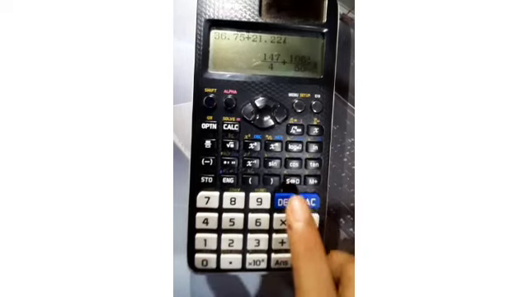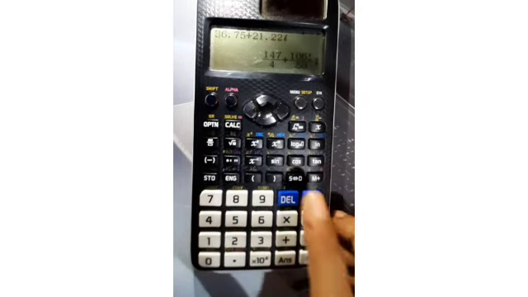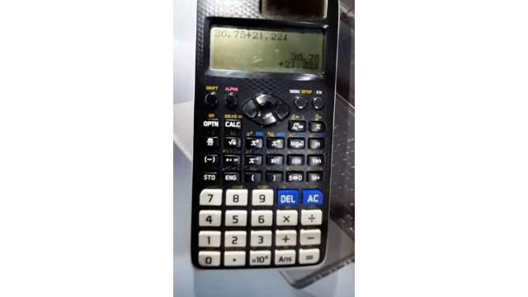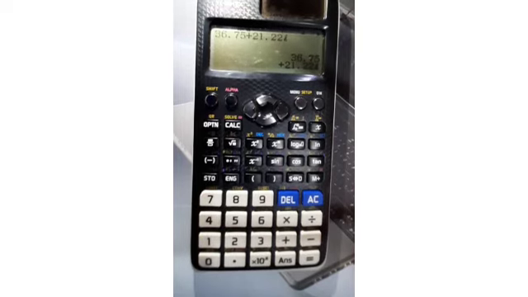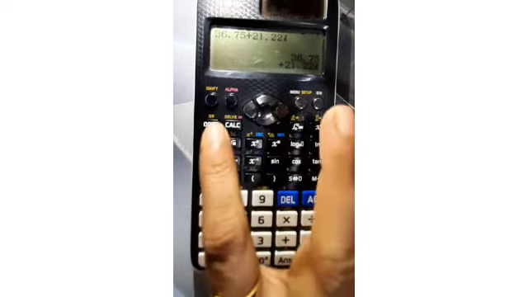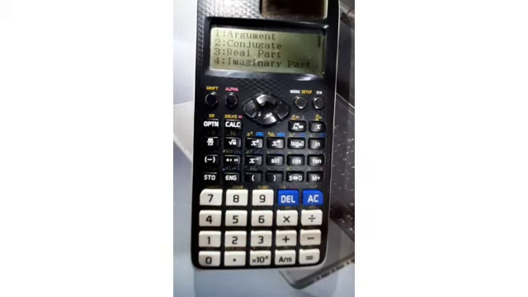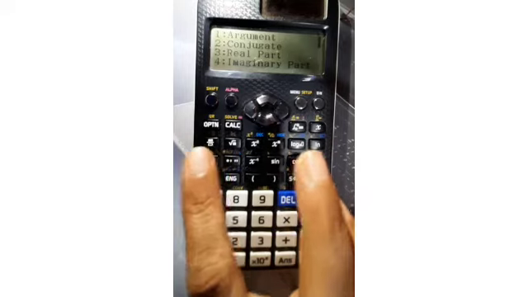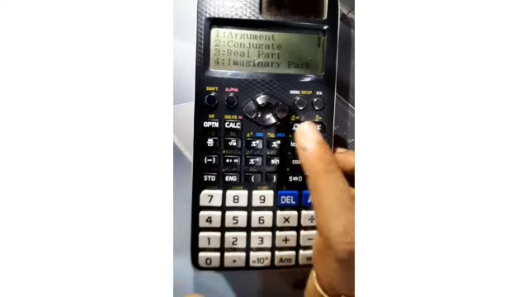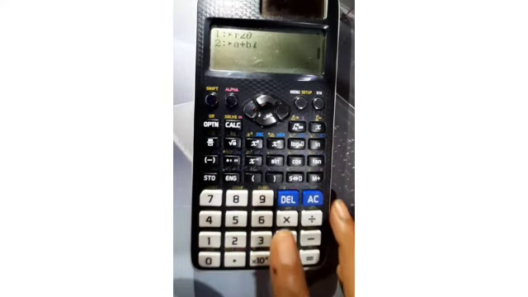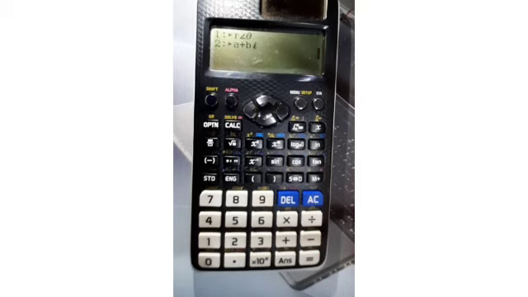this equation. Okay, to convert this rectangular form into polar form, simply press this option button. Don't press shift. Here you have to press option, okay, and then down arrow. You can get the answer in two forms.